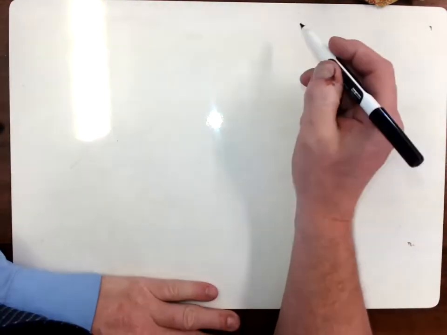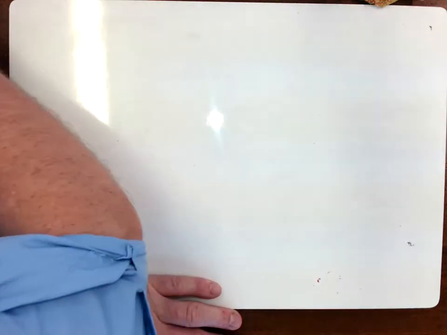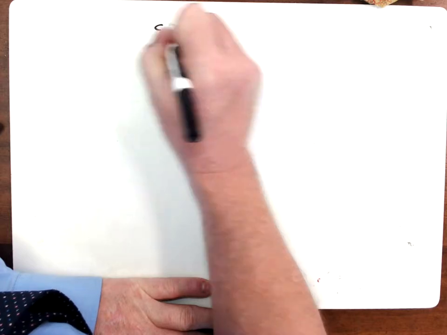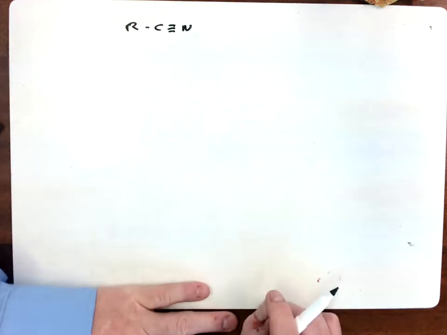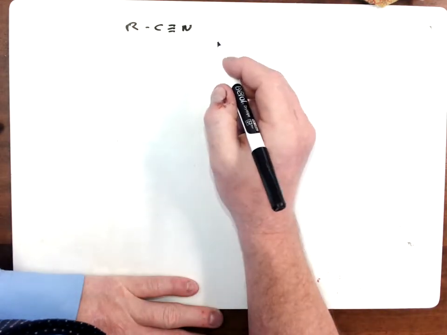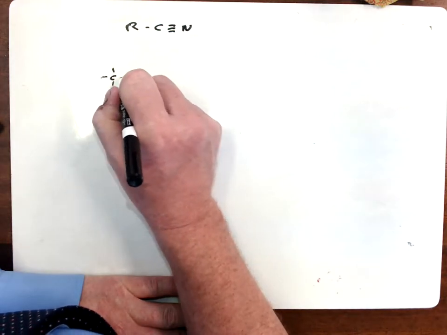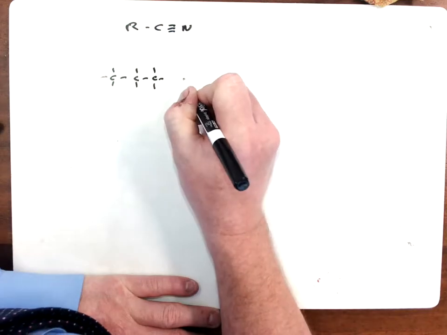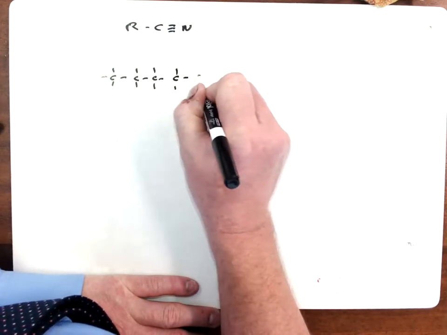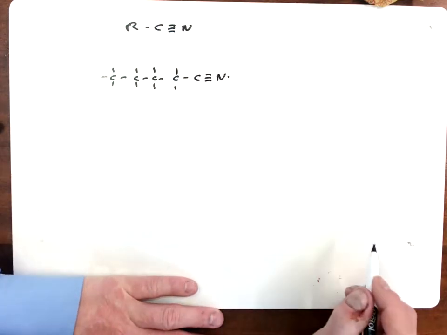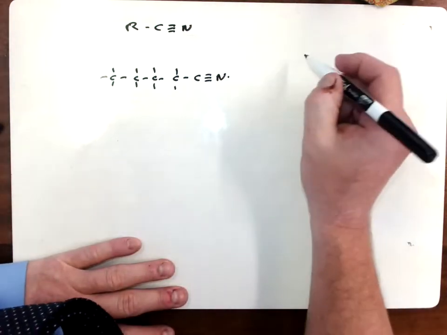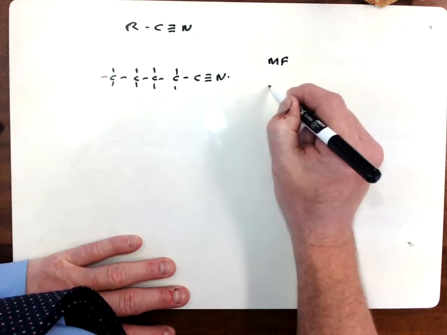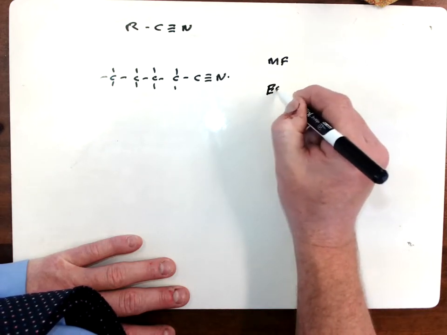Okay, we'll have a look at a nitrile then. If you remember, a nitrile has a functional group of C triple bond N. So let's take something. Again, molecular formula and empirical formula.